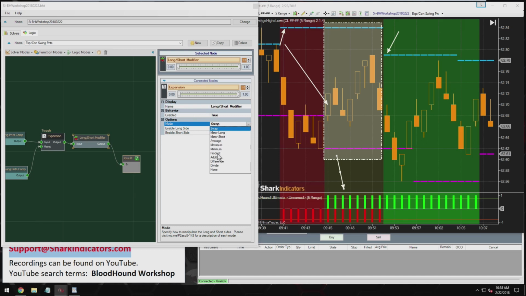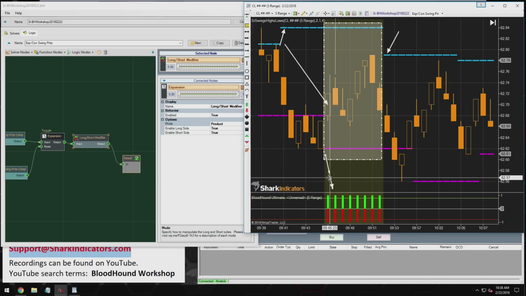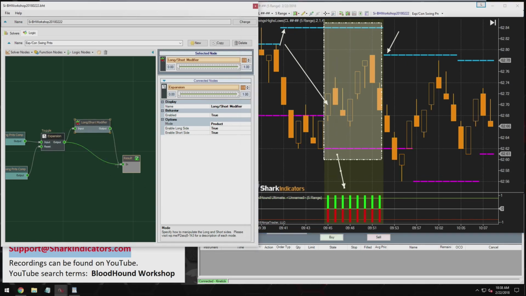The one we're going to use is product, which is the same as multiply. Product is just another mathematical term for multiplication. When we use that, if you look at the chart, all we're left with is the long output and the short output together. And why is that?